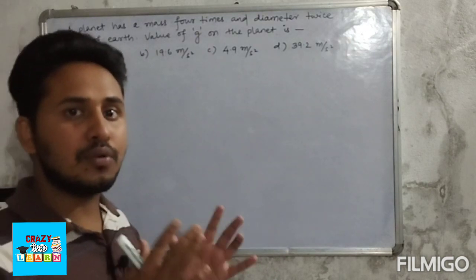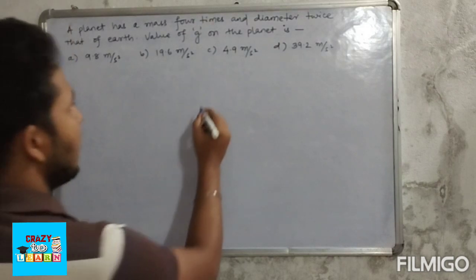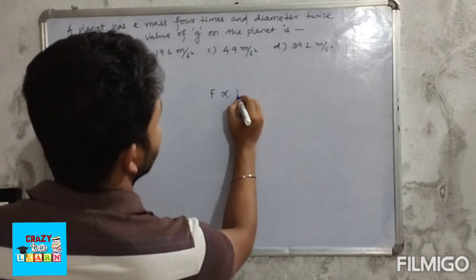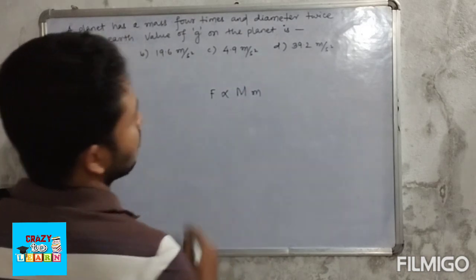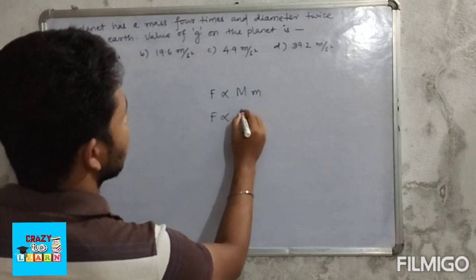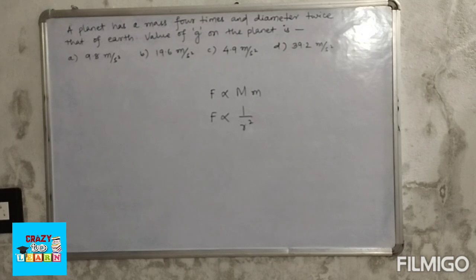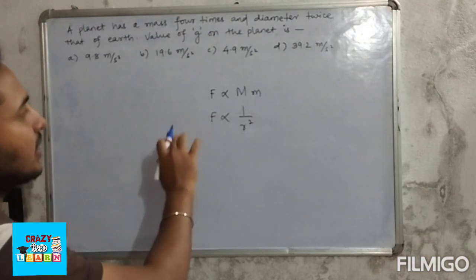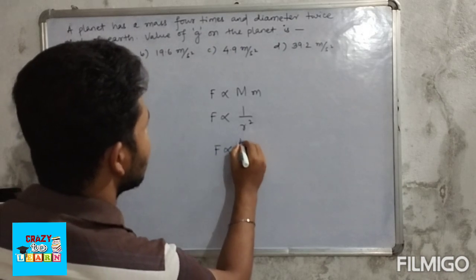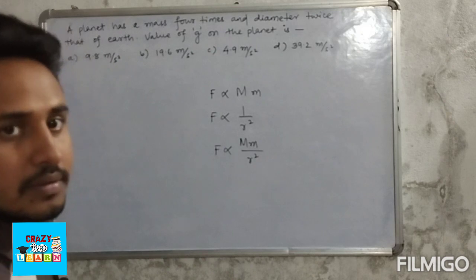According to Newton's law of gravitation, the gravitational force of attraction F is directly proportional to the product of the masses of the two bodies and inversely proportional to the square of the distance between them. So if you put together, what will you get? F is proportional to capital M small m by r square.